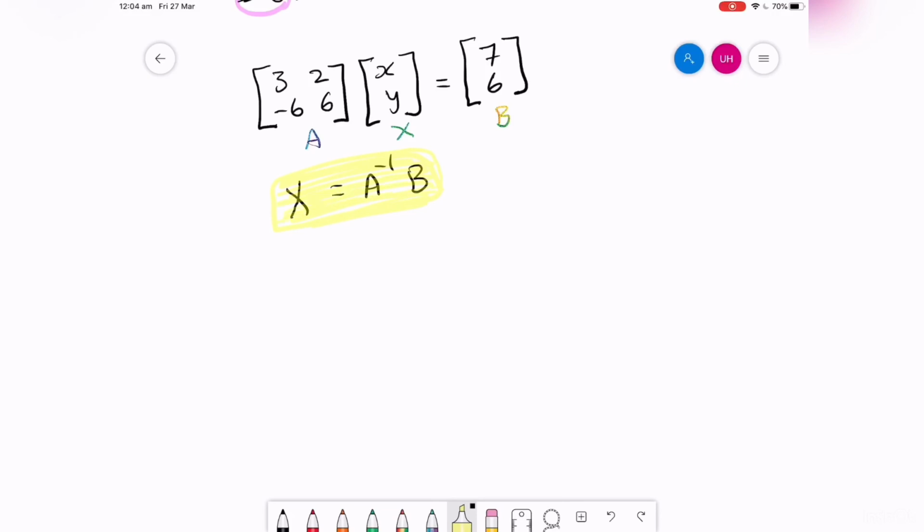Right, how to find A inverse? To find A inverse, we need to find the determinant of A and also find the adjoint of A.